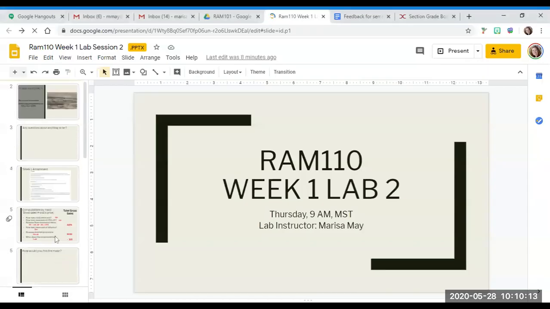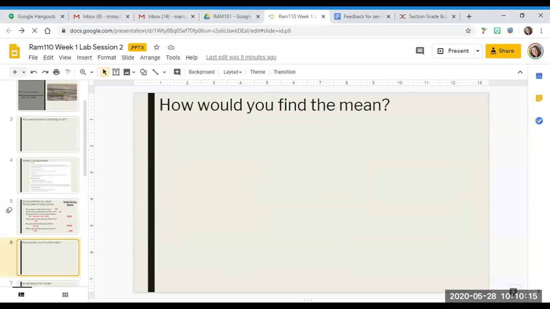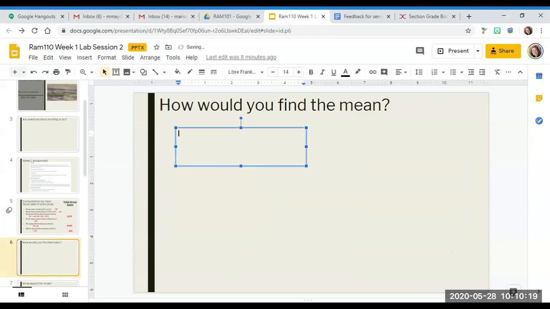Okay, so let's go back to our mean here. We are actually going to take our 10 shirts that sold at $33.75. Remember, these were our discounted ones.